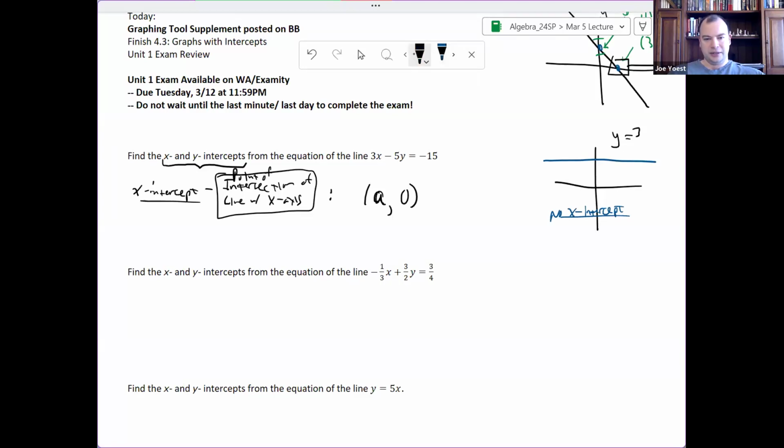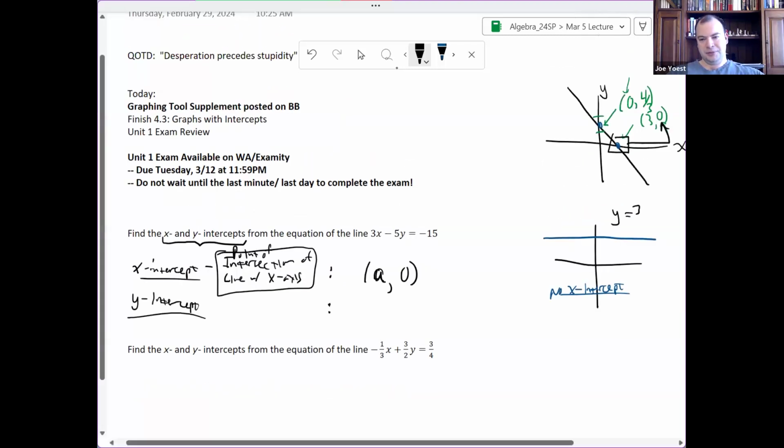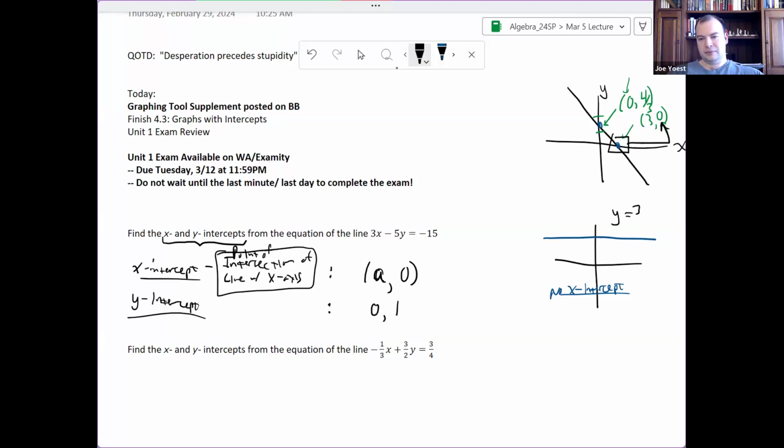And similarly, the y-intercept is the intersection of the line with the y-axis, that point. And that's always going to be when our horizontal deviation is 0, when x is 0, and y is whatever number b.